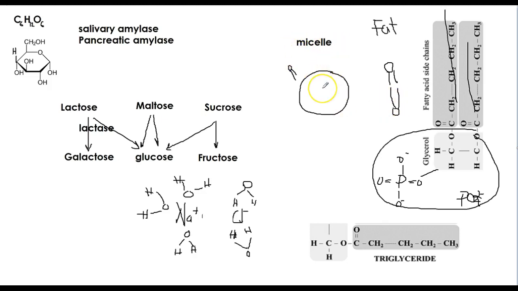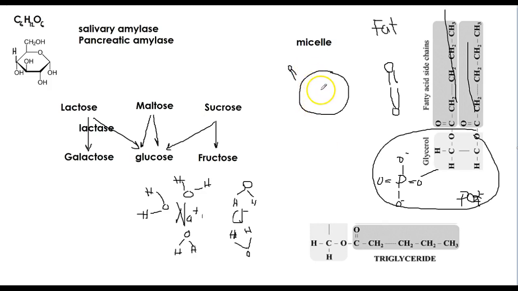Now, a micelle is a little different because a micelle has only one layer. So it's not a phospholipid bilayer. It's like a phospholipid layer. It just has the polar heads on the outside, which can interact with water, and the non-polar tails on the inside, and all of your fatty stuff that's broken down from larger molecules of fat is going to be sitting inside.